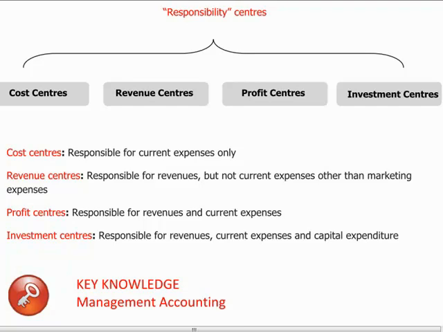Finally, we get to a higher level of organization called an investment center. This is building on the profit center concept, but there's one more important dimension added here, and that is capital expenditures.